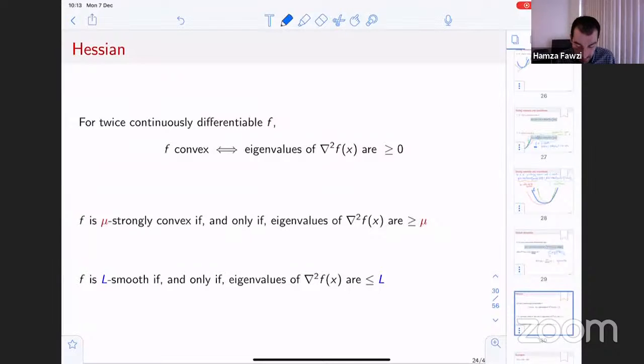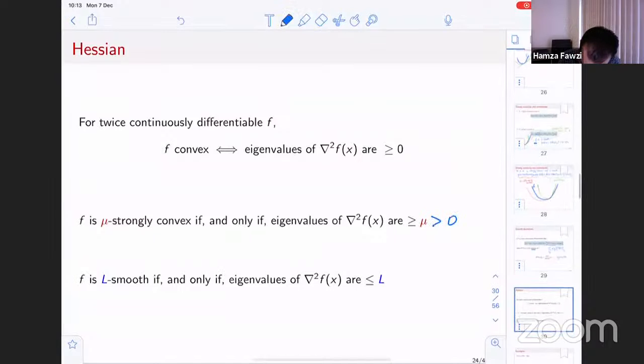If the eigenvalues are all non-negative for all x, then the function f is convex, and this is an if and only if when your function is C2.